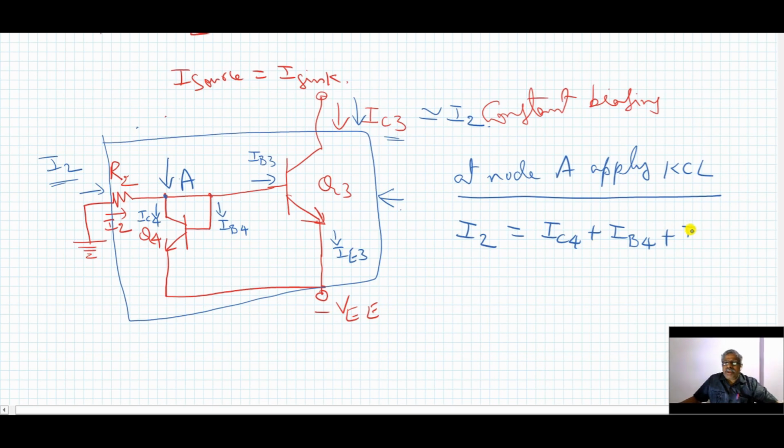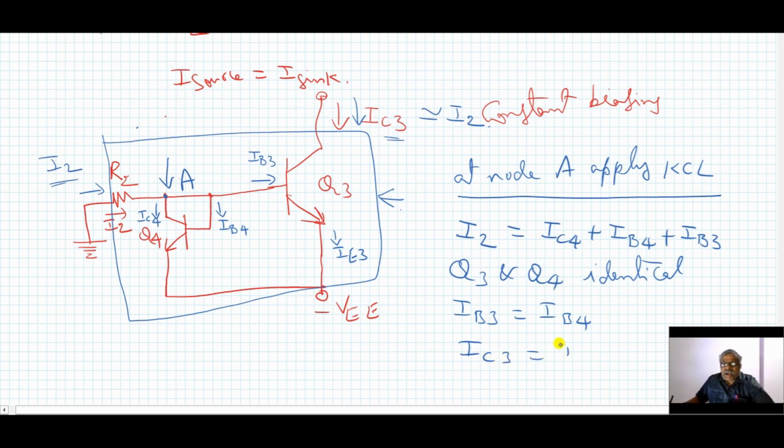IC4 plus IB4 plus IB3 that are flowing at node A. Okay, so it is not difficult to write this KCL. Here we assume that the transistors Q3 and Q4 are exactly identical. Because they are identical, their base currents IB3 and IB4 will be equal, and their collector currents IC3 and IC4 will be equal because they are identical.